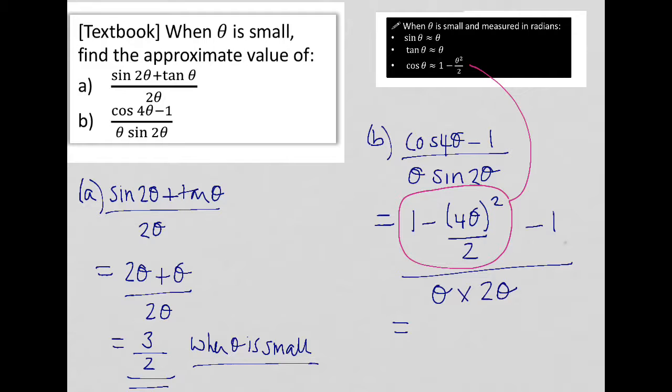So this equals subtract 16 theta squared over 2, divided by 2 theta squared. So that would become negative 8 theta squared divided by 2 theta squared, which is equal to negative 4.